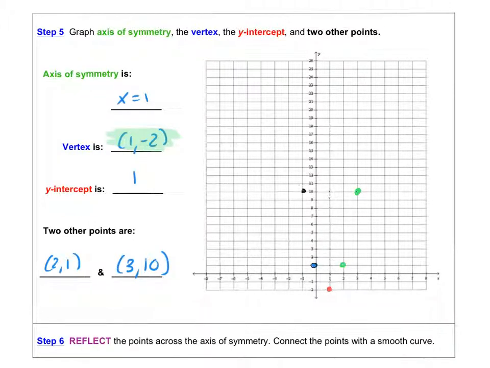So I've created a mirror image across my axis of symmetry. If that helps you, you can draw an axis of symmetry here. I've reflected that on the other side, and now I have my parabola. It should be a U-shaped graph when I connect the points.